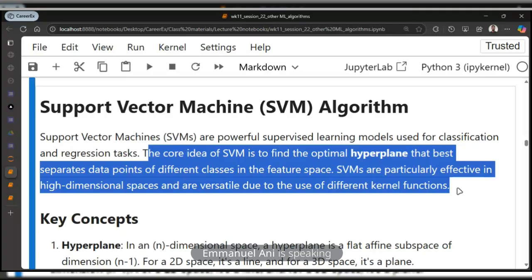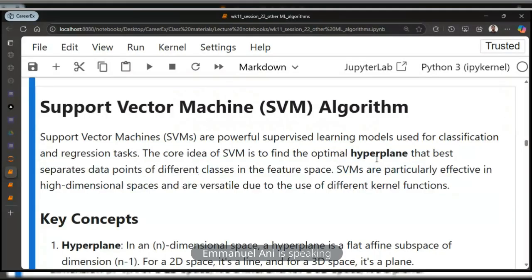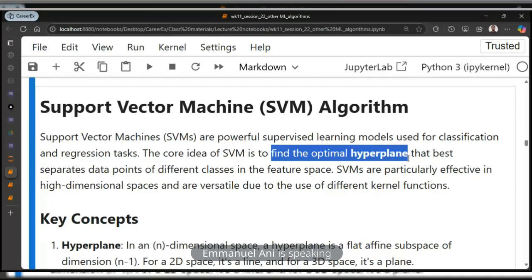By default, although they have support vector classifier and support vector regressor as well, it is commonly known for classification tasks. So the core of SVM is that it wants to find an optimal hyperplane. That is basically what it is trying to do.